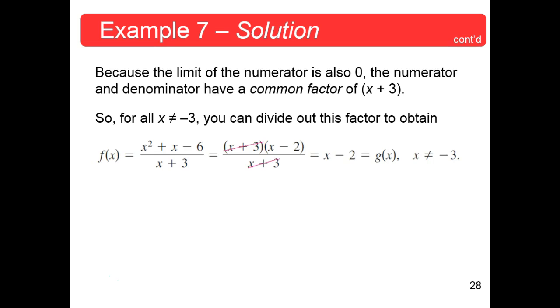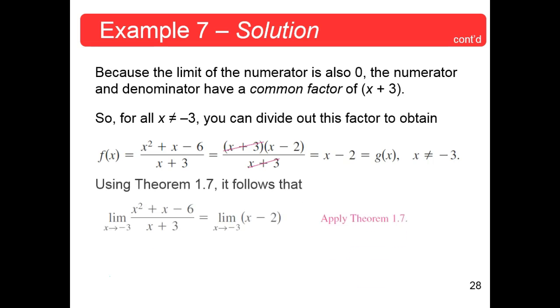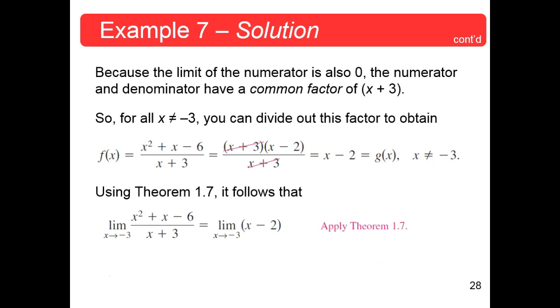So for all x not equal to negative 3, you can divide out the x plus 3. So you factor the numerator, and you see you can divide out x plus 3, and that gives you x minus 2. Then take the limit as x approaches negative 3 of x minus 2, and you get minus 5.